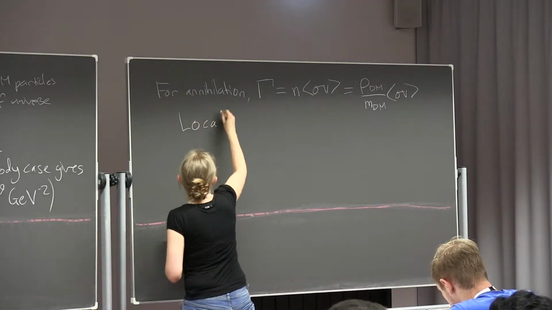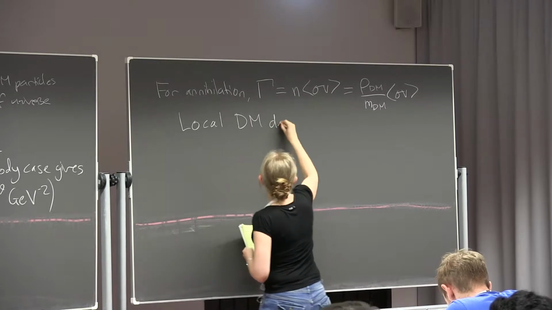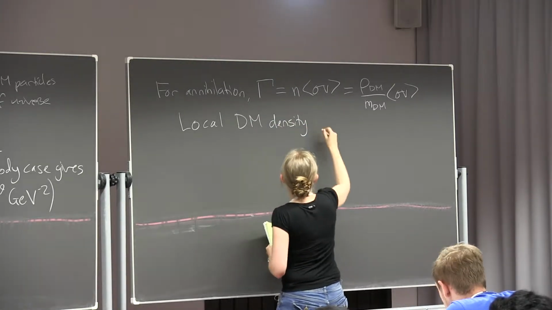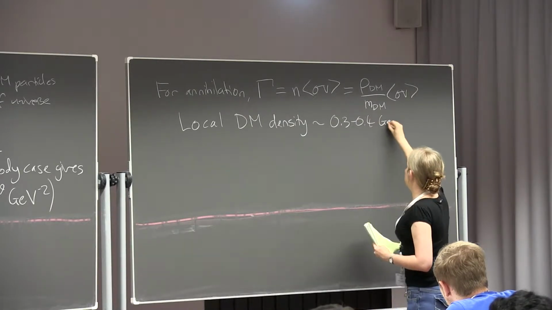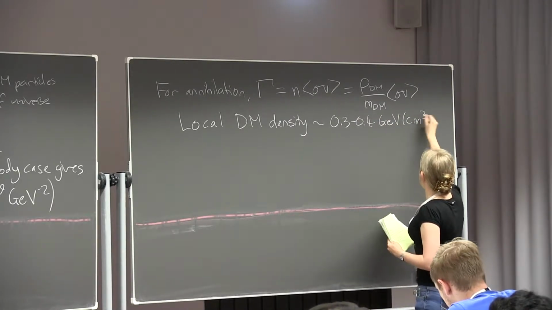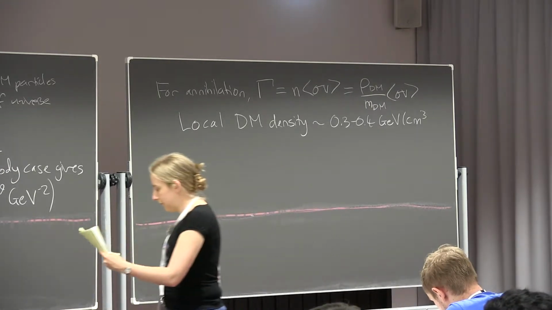So our local DM density is currently estimated to be about 0.3 to 0.4 GeV per cubic centimeter.